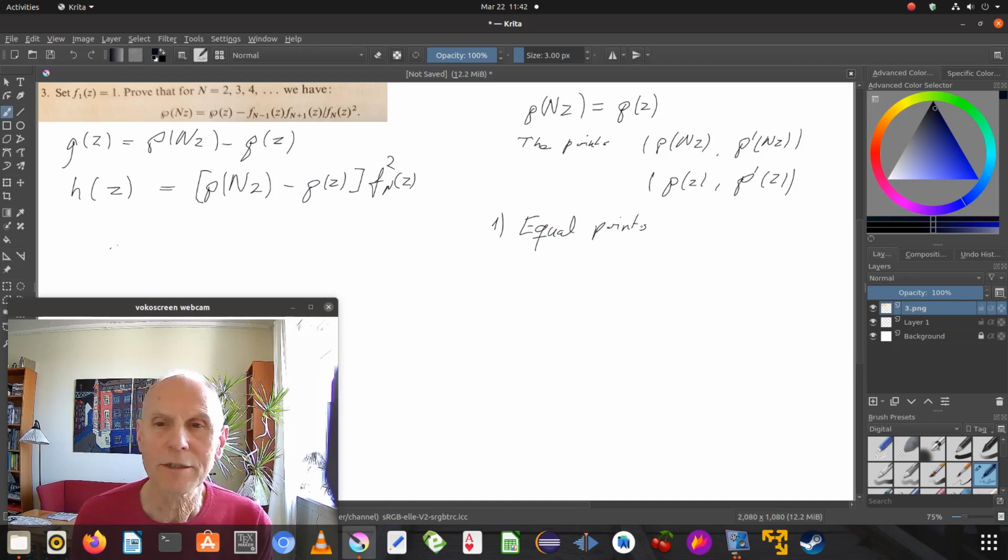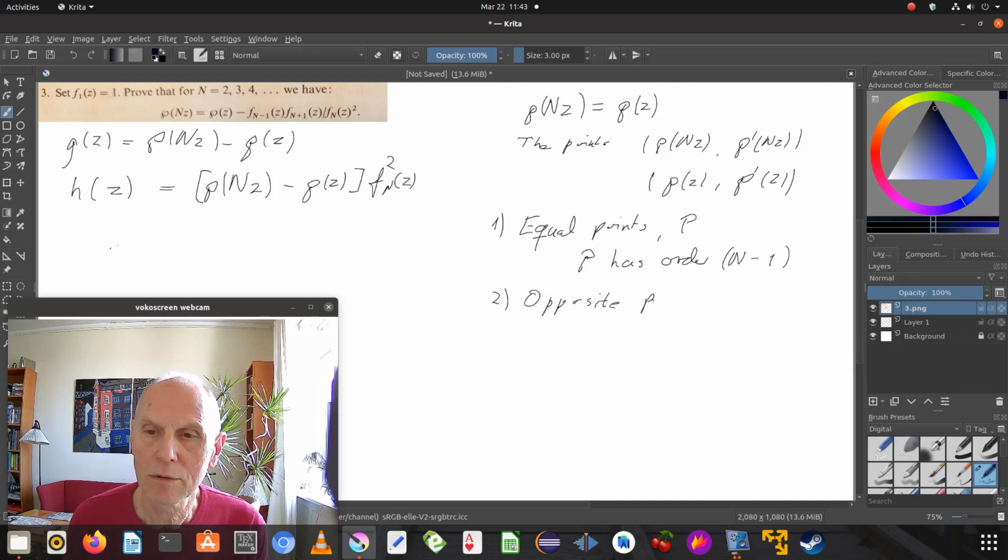In that case, that means that P has order n minus 1. Or they may be opposite points, mirrored in the x-axis.